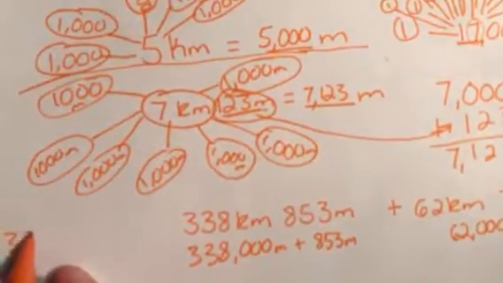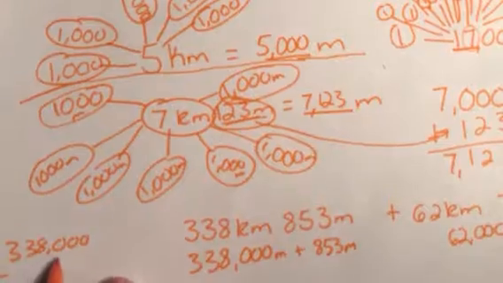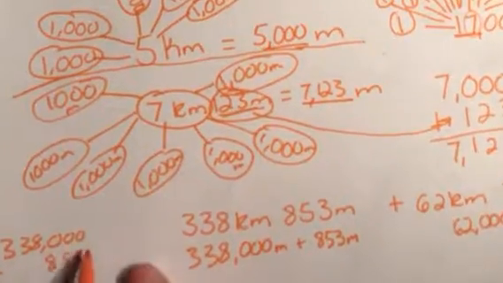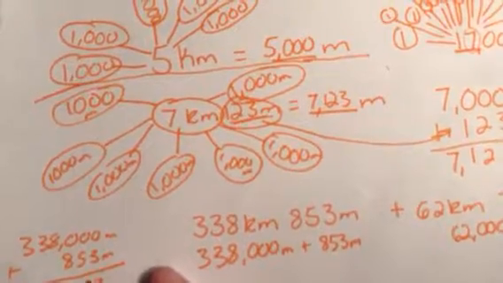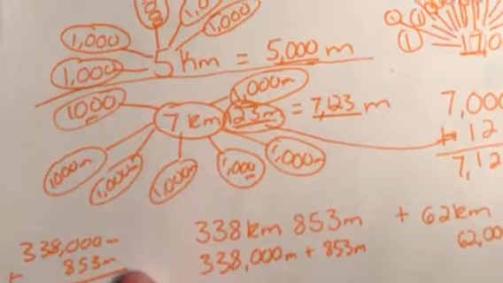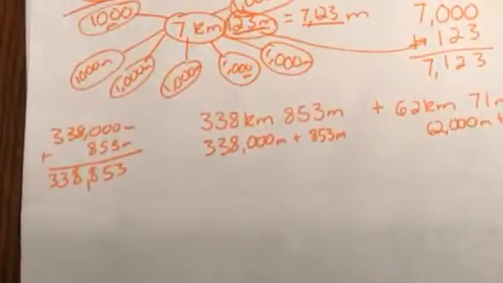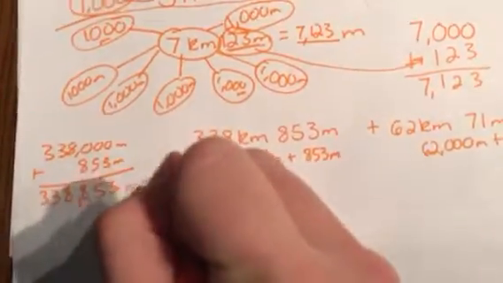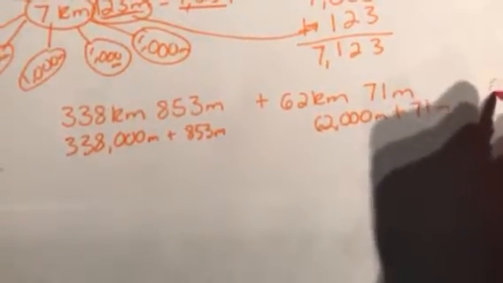So we've got 338,000 meters plus 853 meters. And when we add that together, we've got 338,853 meters.